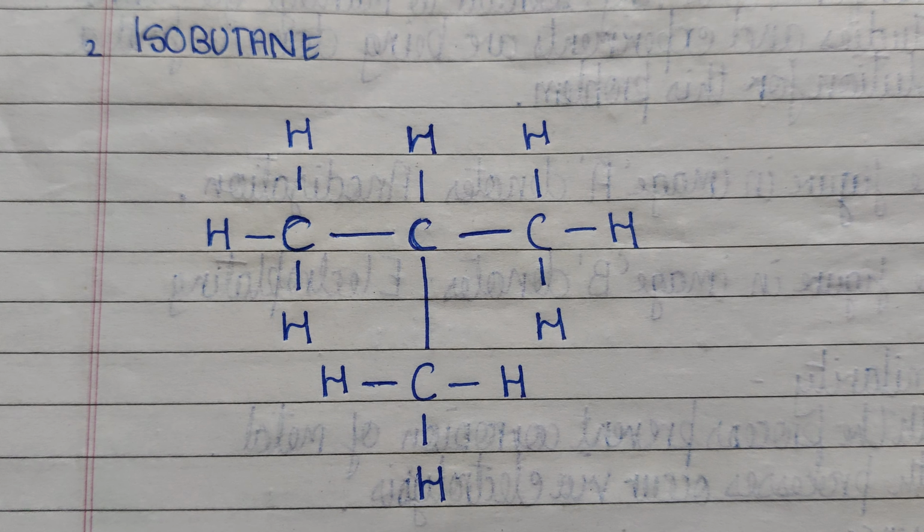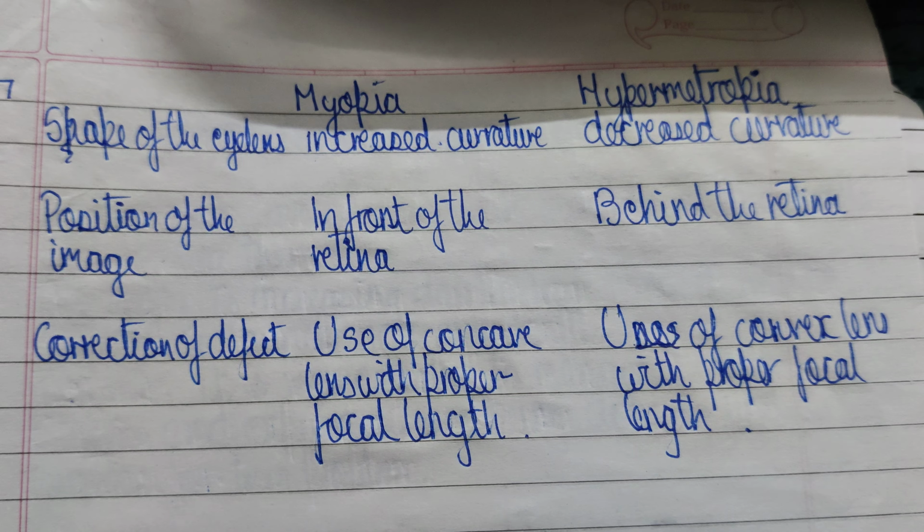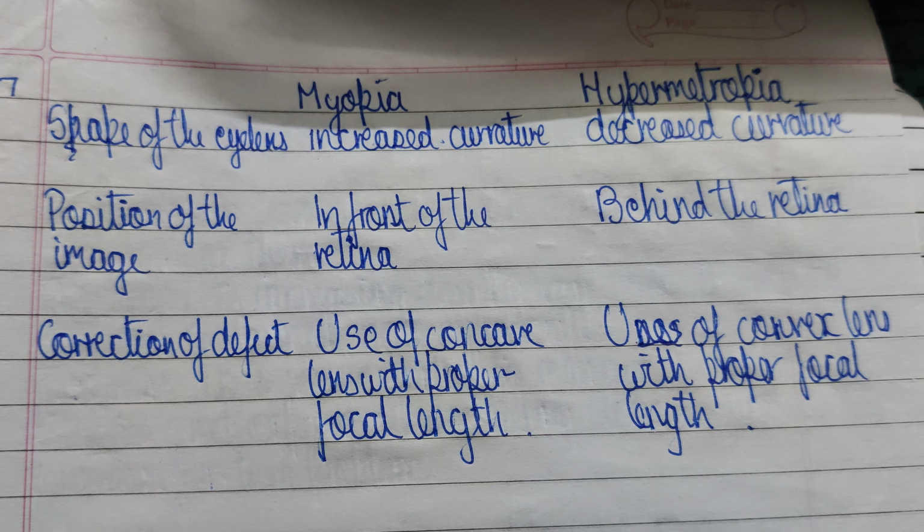Position of the image is in front of the retina in myopia and behind the retina in hypermetropia. Correction of defect: use of concave lens with proper focal length for myopia and use of convex lens with proper focal length for hypermetropia.